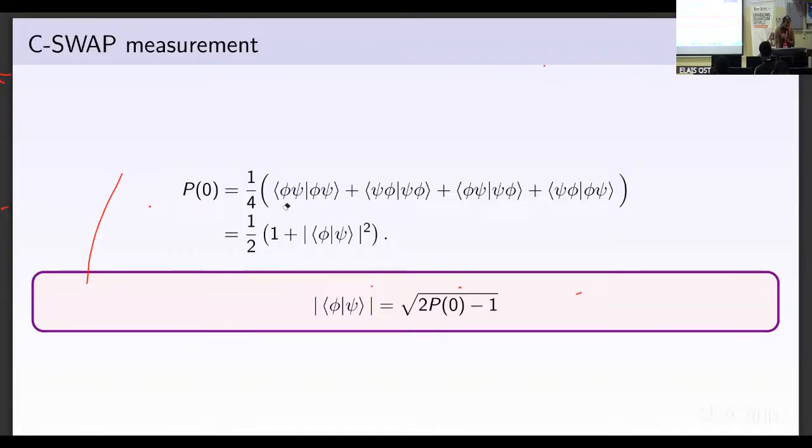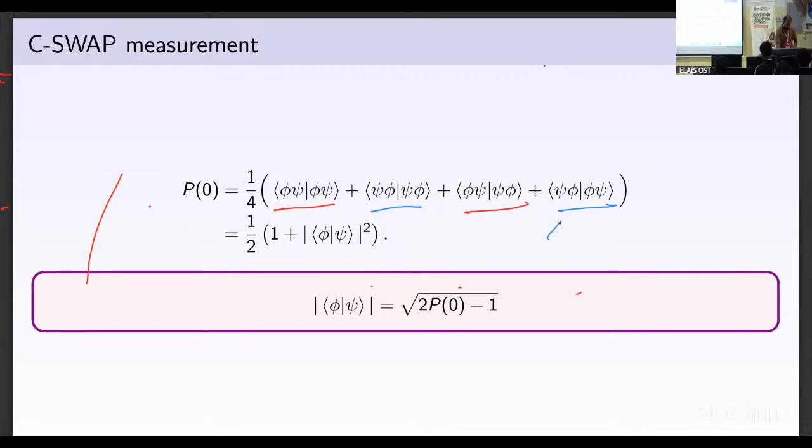So this and this are the same thing. These are equal. So are these. These are the same quantity. So we get twice into phi psi square plus psi phi square. So it's a complex conjugate of each other.